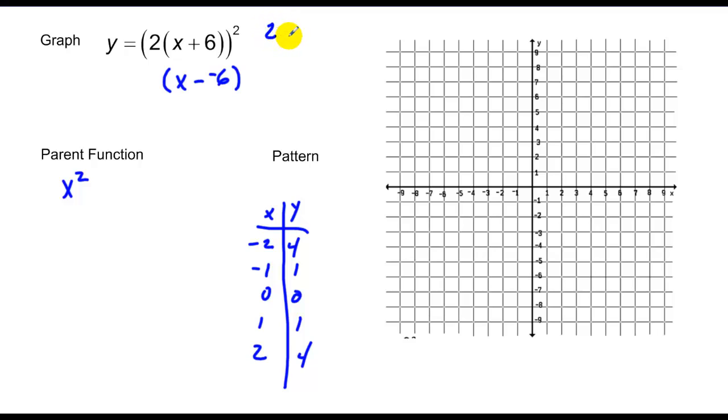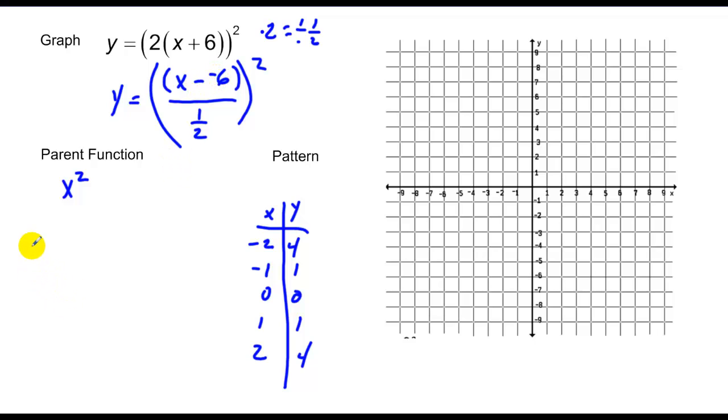multiply by 2 but use a division? Well, if I divide by 1/2, that's equal to multiplying by 2. So I can rewrite this equation as such. And notice, now I have this b term, which is 1/2, and this h term, which is 6.